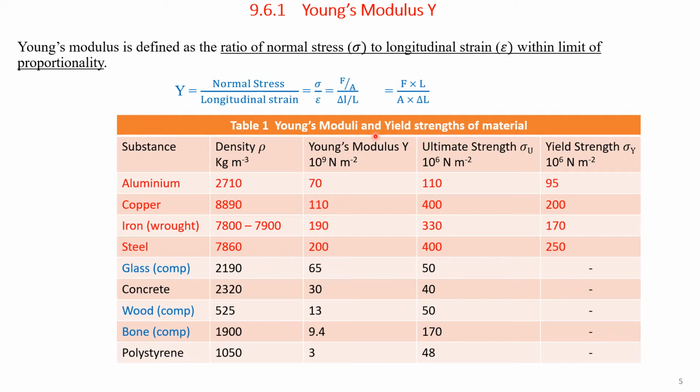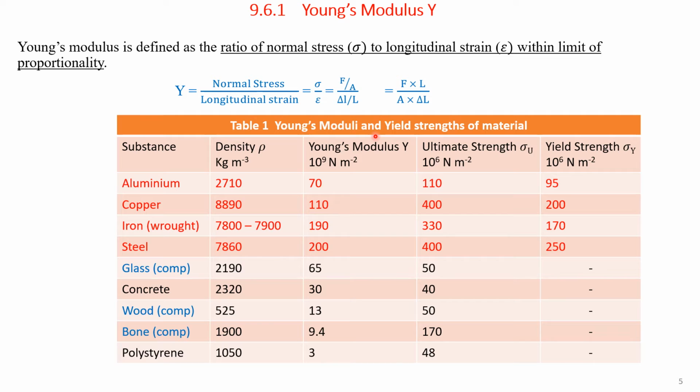The forces required to produce the same strain in aluminium, brass and copper wires having the same cross-sectional area are 690 newtons, 900 newtons and 1100 newtons respectively. It means that steel is more elastic than copper, brass and aluminium.